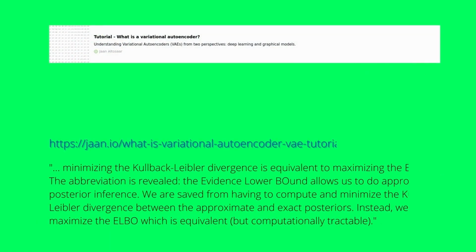If you want to learn more, and there's a lot more mathematics to it, I leave you this link in the description of this video: there's this beautiful tutorial, what is a variational autoencoder? Just as I showed you the code in my last video about the evidence lower bound, and why, when you compute and minimize the KL divergence, there is all the mathematics that you need to understand the code.